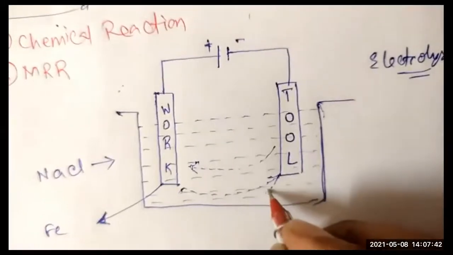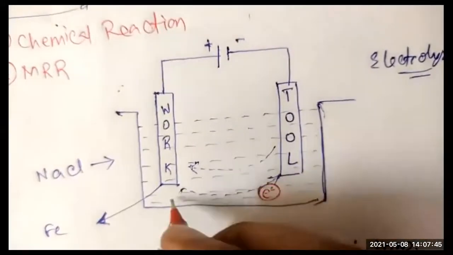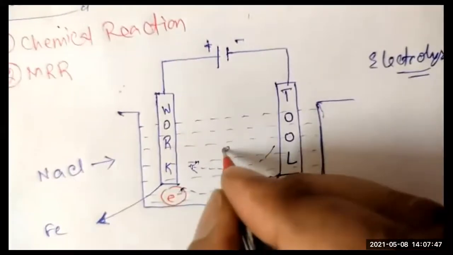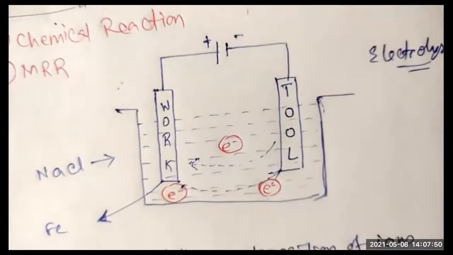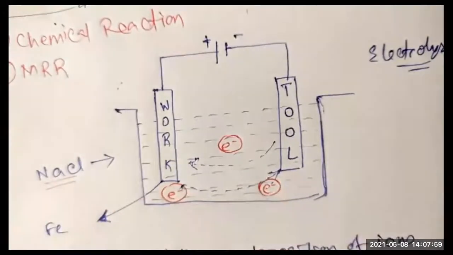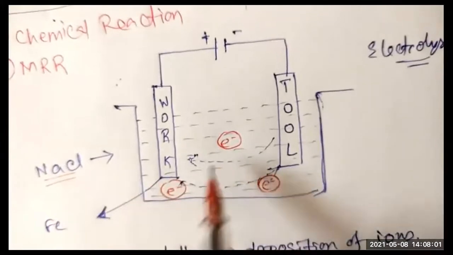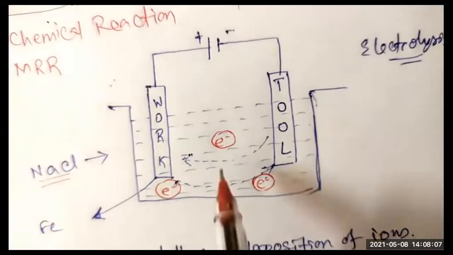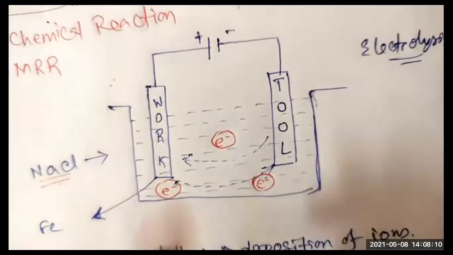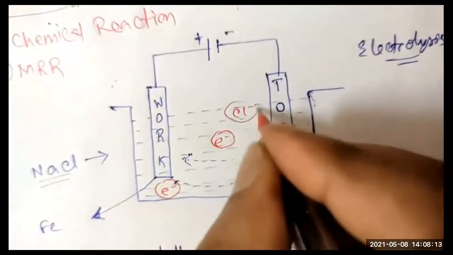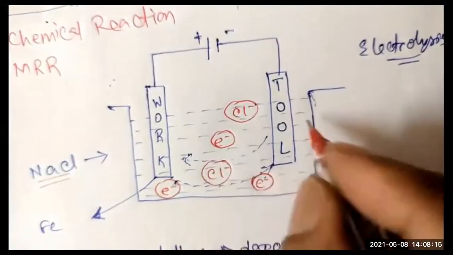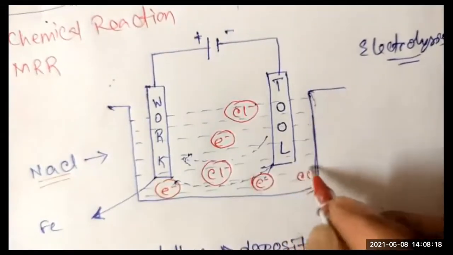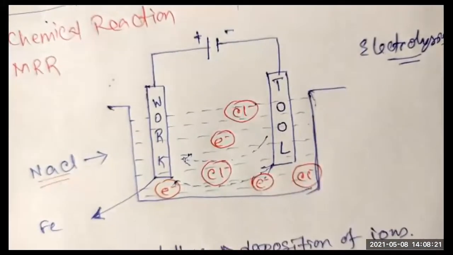From the tool, electrons, or e minus, will start getting eroded. Due to the presence of NaCl, Na plus and Cl minus ions will be formed and present in the electrolyte. I am writing Cl minus ions somewhere here, maybe here also, maybe some other places also.